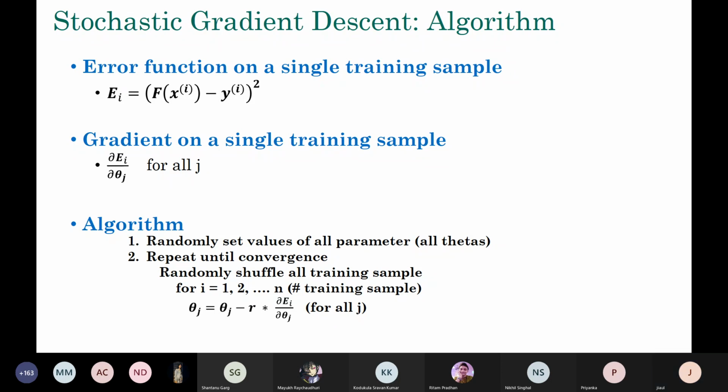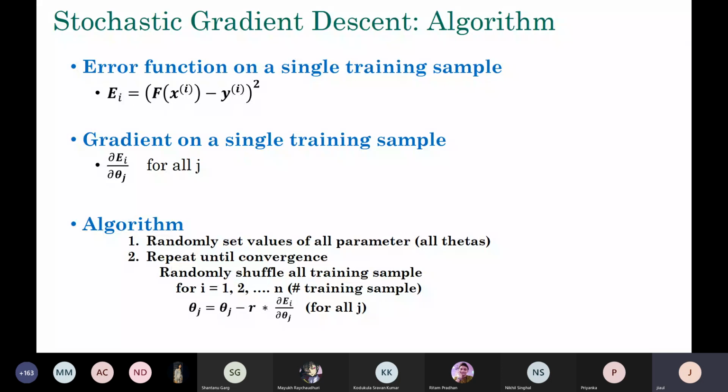Okay, a small remark on this. Remember that in batch gradient descent, say for example, your learning rate is R. That's the amount of jump that you are making. So in batch gradient descent, after an entire full batch is processed, all the training samples are processed, you are only making approximately R amount of jump, because for one update you are using all the samples.